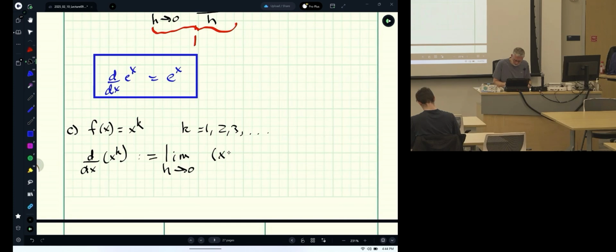So (x plus h) all raised to the power k, minus x to the power k, the function at x, and divide by h. So once again, that's just the definition.